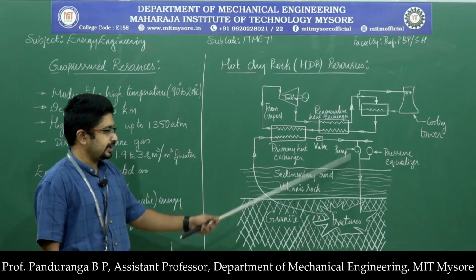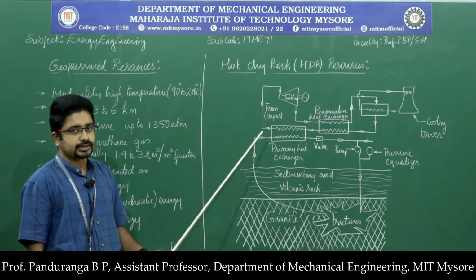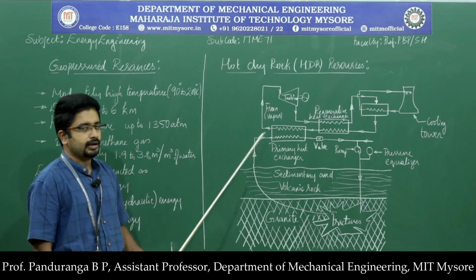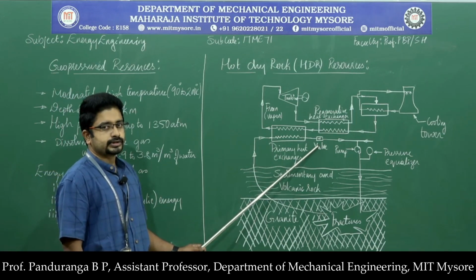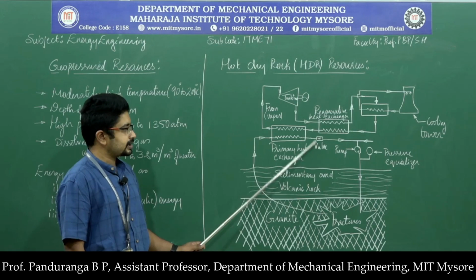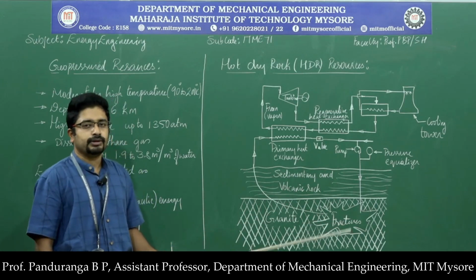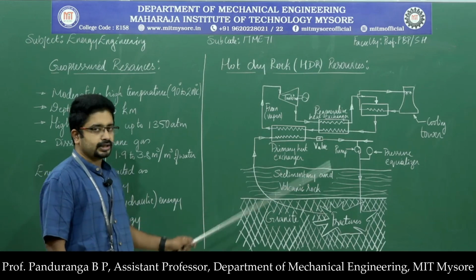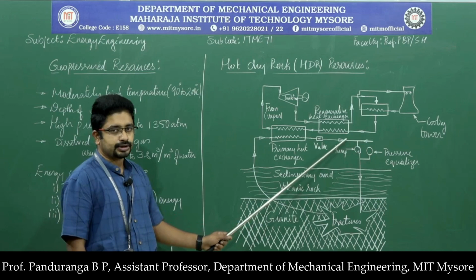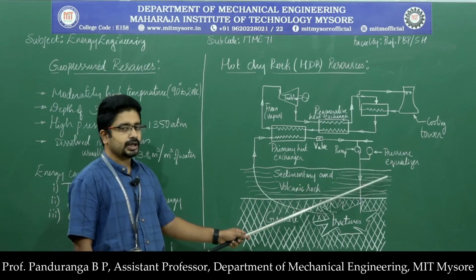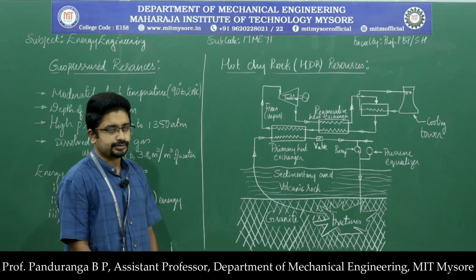So the water has to enter the fractures through the reinjection valve and come out of the fractures through the production valve. For that purpose we have a non-return valve here which allows flow only in one direction. After that we have the pump, and a small amount of water will be lost as it passes through this circuit. For that purpose we have provision for adding makeup water, and then we have the pressure equalizer to maintain a constant pressure in the primary circuit.